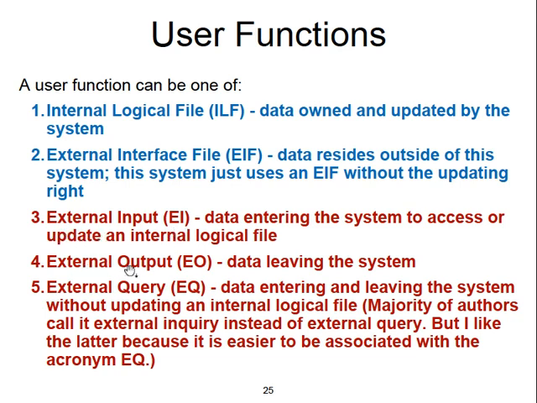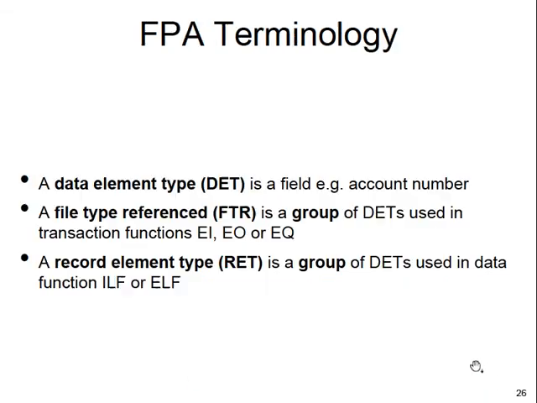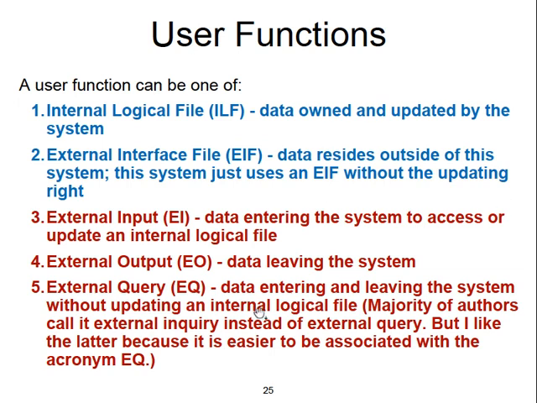And if we are sending data out in a data transaction, then we call that EO, external output. And there's another one called external query. That means data will come in and go out of the system.